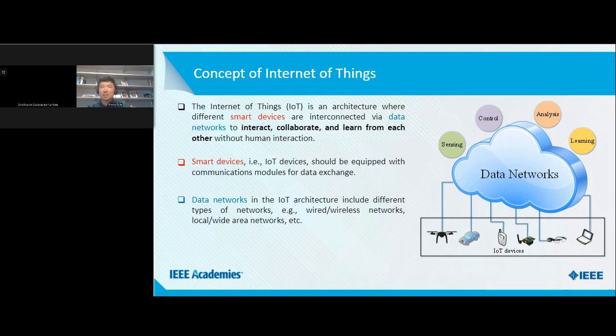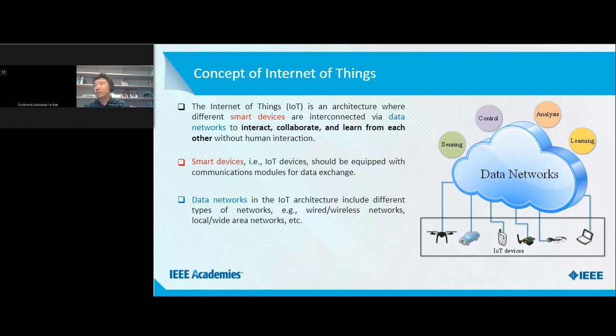The Internet of Things is kind of like an architecture where different smart devices interconnect through data networks to interact, collaborate, and learn from each other without human interaction. So here the smart devices are referred to as IoT devices, and those IoT devices have different functions. For example, an IoT device could be an actuator, a sensor, a drone, a computer, or even a server.